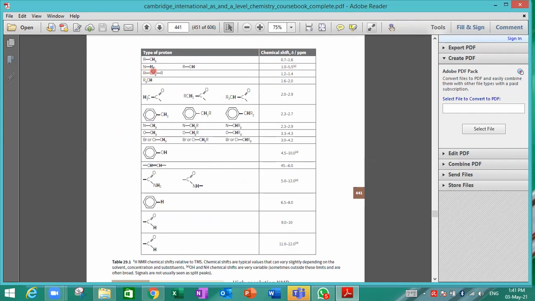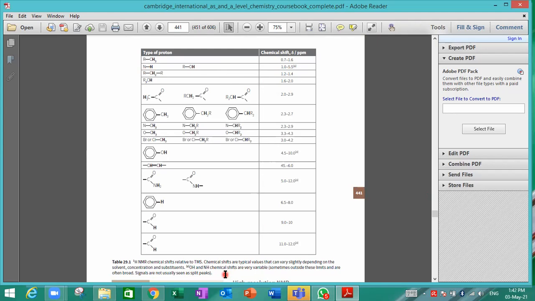If we have a hydrogen that is bonded to a nitrogen, or a hydrogen that is bonded to an oxygen, it would appear in the chemical shift from 1 to 5.5. Here they are writing A because hydrogens bonded either to an oxygen or to a nitrogen have variable chemical shifts depending on our molecules.